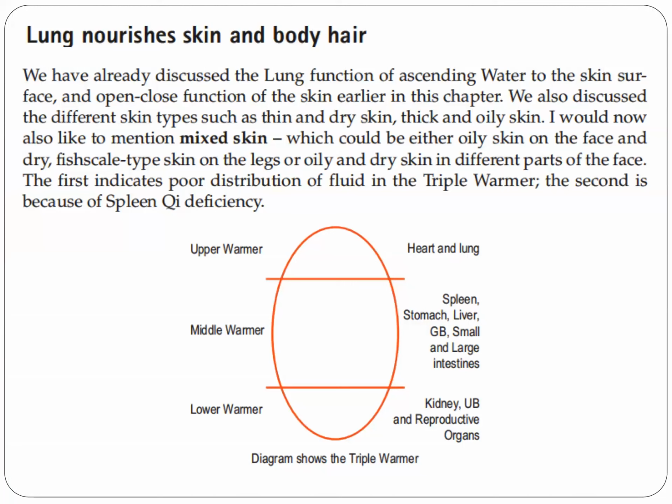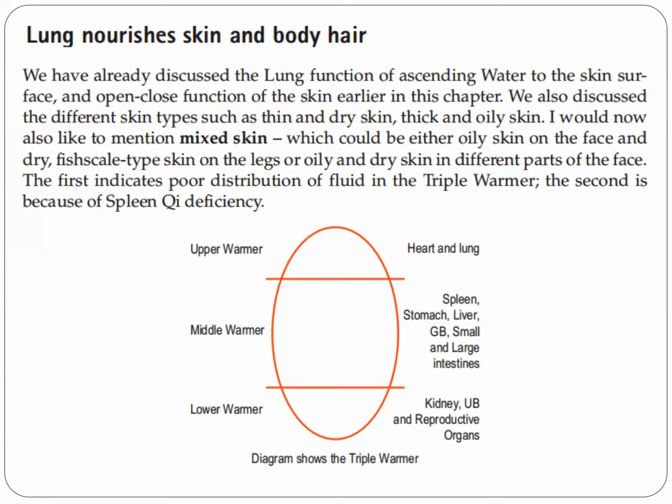Now let's talk about lung nourishes skin and body hair. We have already discussed the lung function of sending water to the skin surface and the open-close function of the skin earlier in this chapter. We also discussed the different skin types such as thin and dry skin, thick and oily skin.